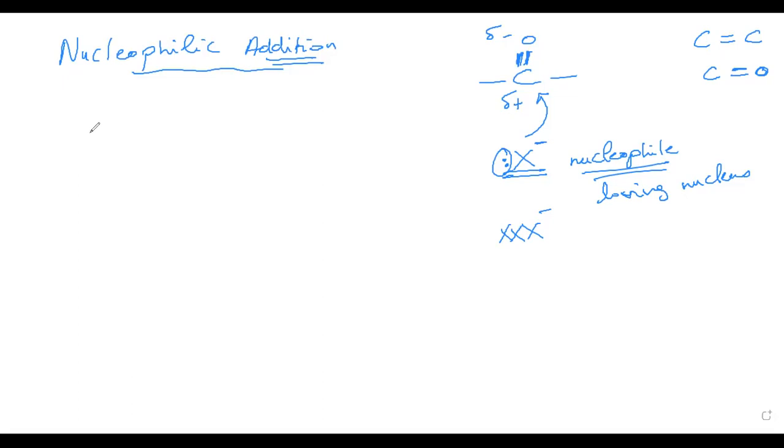So here, if we have an example, it is the reaction between the carbonyl group, whether it is an aldehyde or a ketone, with HCN. And this reaction should happen in presence of potassium cyanide as a catalyst.